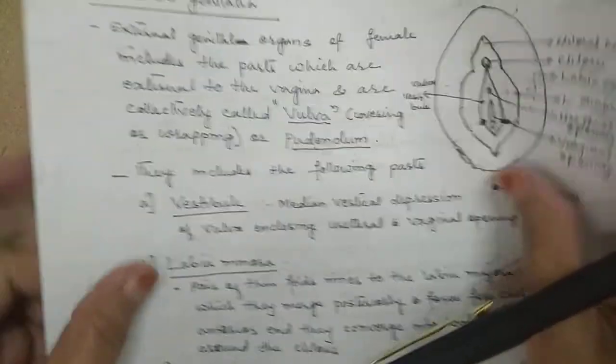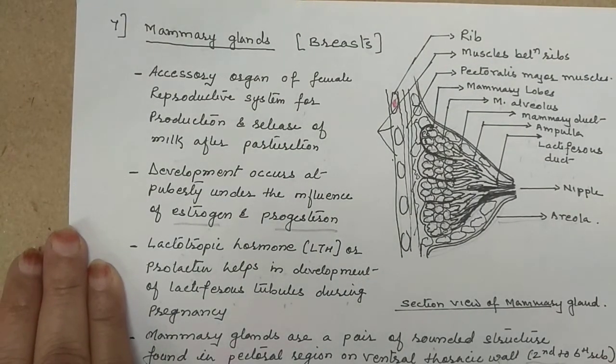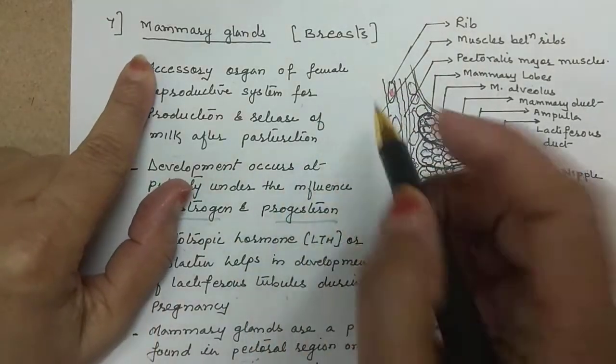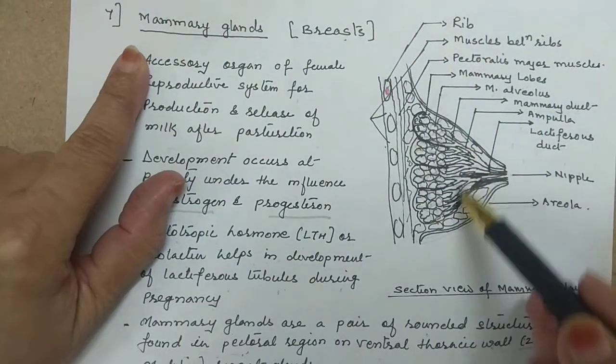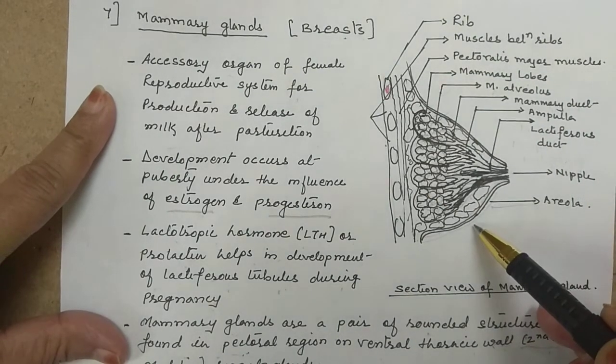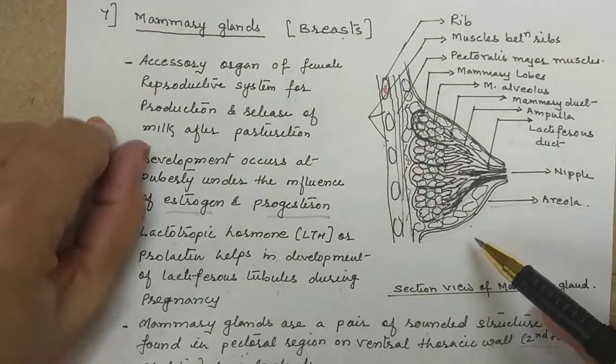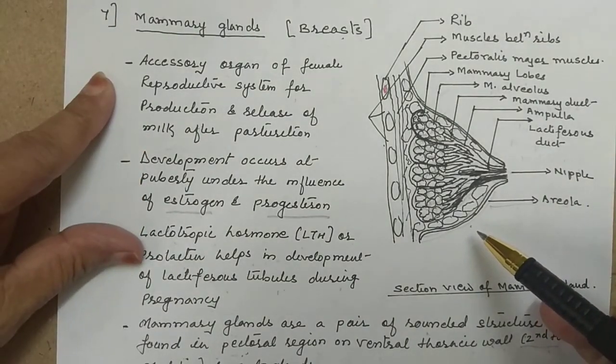Now the next is the mammary glands, commonly known as the breast. You must have noticed that this structure develops after a certain age, at puberty, and it is also called a secondary sexual character in the female.